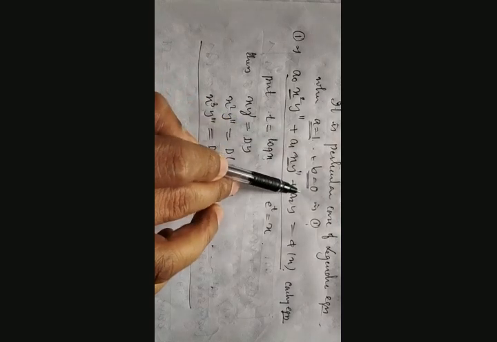So two things we need to remember: how to convert a differential equation with variable coefficient into a differential equation with constant coefficient. If it is a Legendre equation, then substitutions are different. If it is Cauchy's linear equation, in the substitution we need to take care where a is equal to 1 and b is equal to 0.